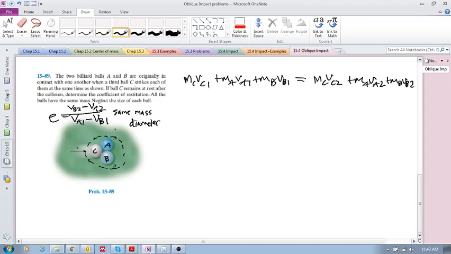But now we need to kind of ask ourselves, okay, what exactly is happening? This particle C, ball C, is traveling in the horizontal direction with a velocity of V. It impacts it along that line, and so we can say that it impacts both A and B at the same angle to the horizontal.